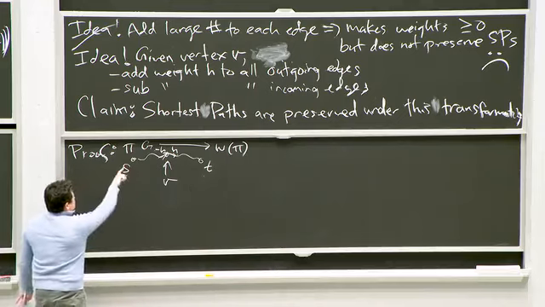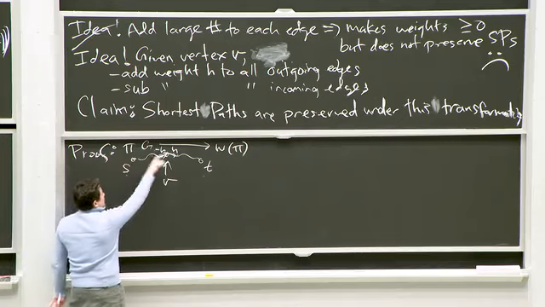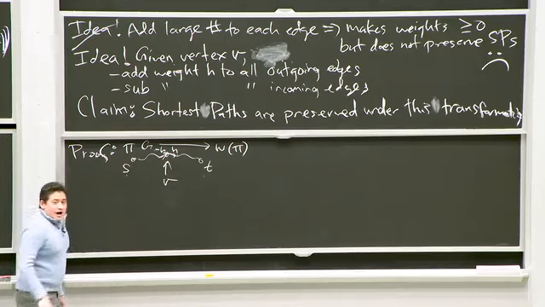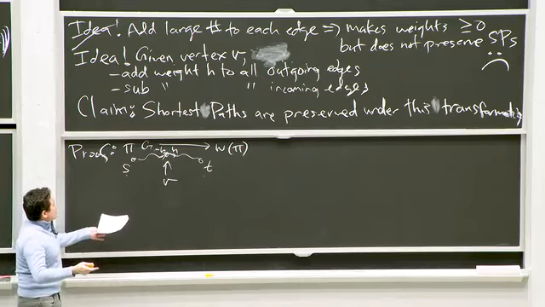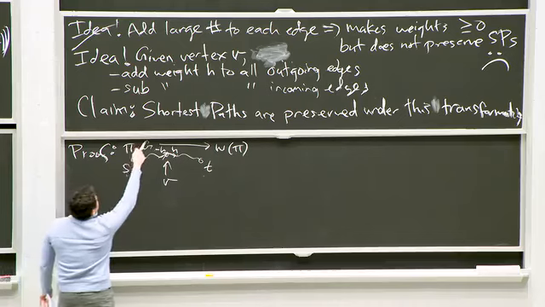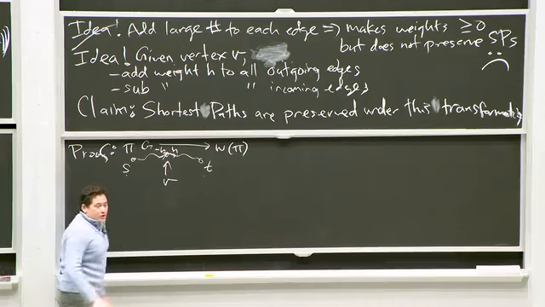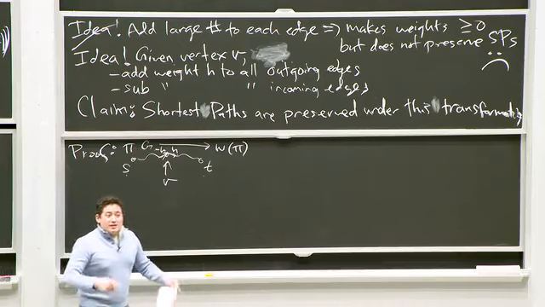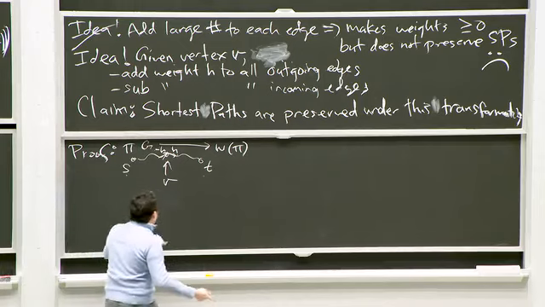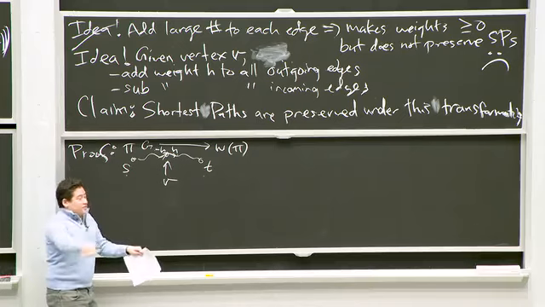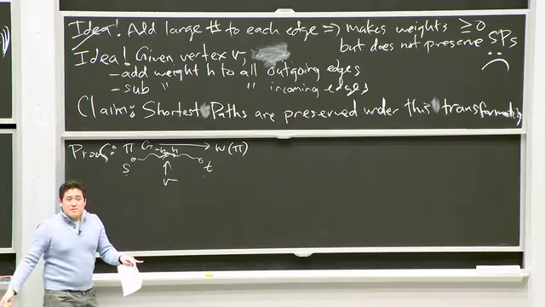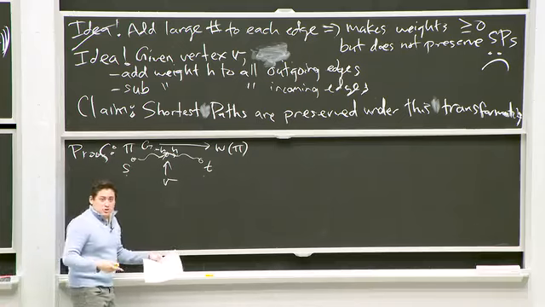Well, for any path leaving V, I will have increased the weight of that path by H, right? Because I added a weight H to all outgoing edges. So again, while the path weight has changed, since all of the paths leaving V have changed by the same amount, a shortest path will still be a shortest path.